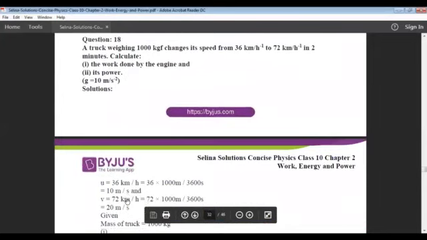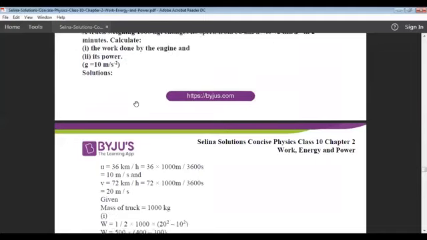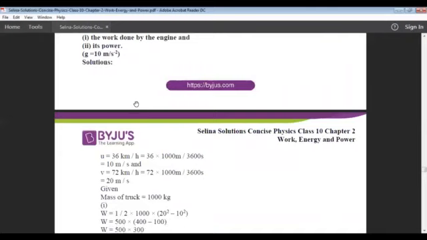18th numerical. A truck weighing 1000 kgf changes its speed from 36 km per hour to 72 km per hour in 2 minutes. Calculate the work done by the engine and its power. The initial velocity of the truck is 36 km per hour.